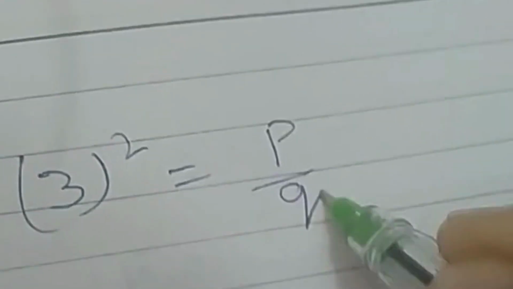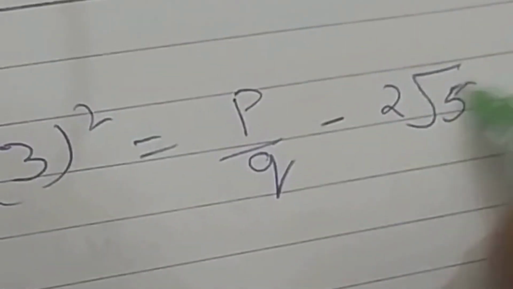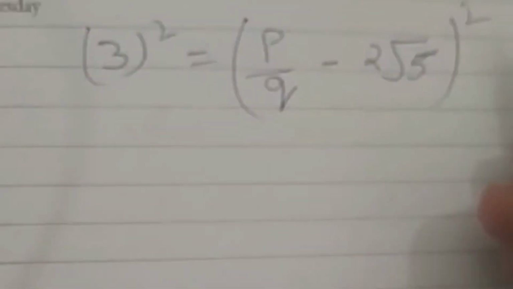Squaring on both sides: 3 whole square equal to p by q minus 2 root 5 whole square. I hope you get a clear point about this.